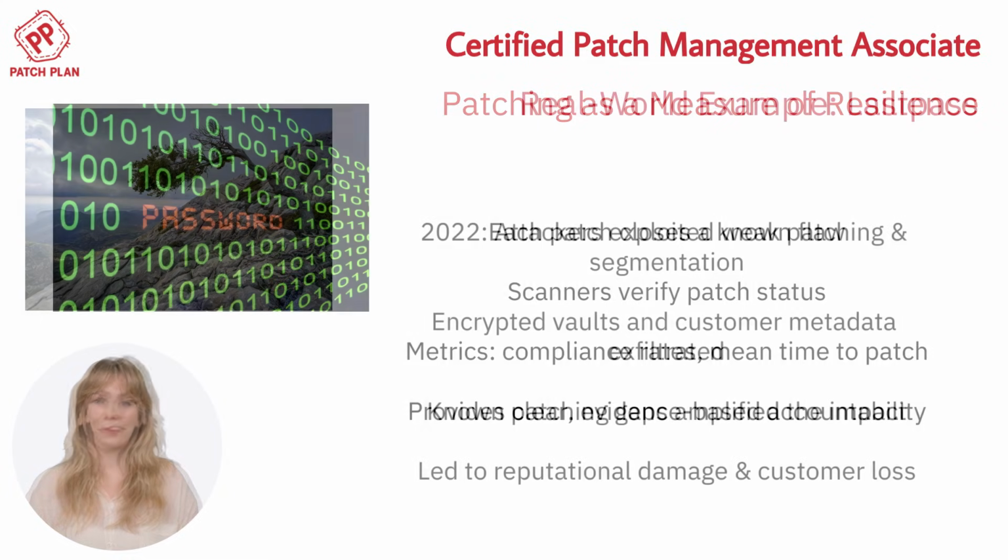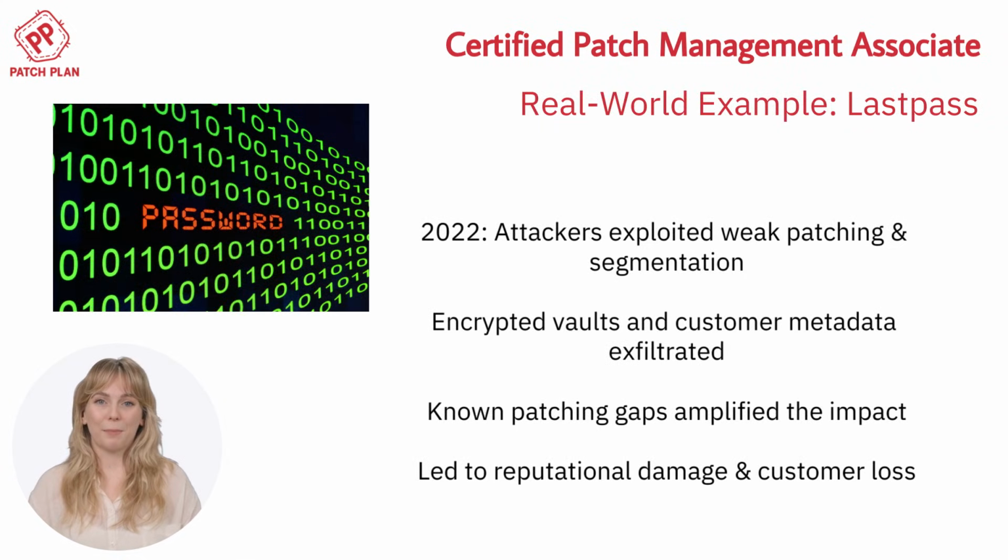The 2022 LastPass breach shows how unpatched vulnerabilities and weak controls can create cascading risks, even inside a security-focused company. Attackers first compromised a developer's account, then exploited gaps in system segmentation and patch discipline to access encrypted vault backups and sensitive customer metadata.